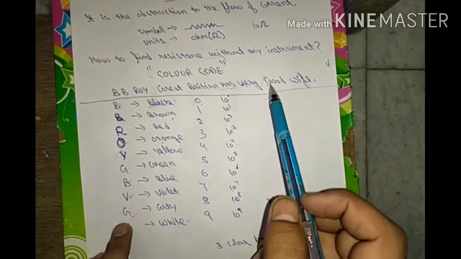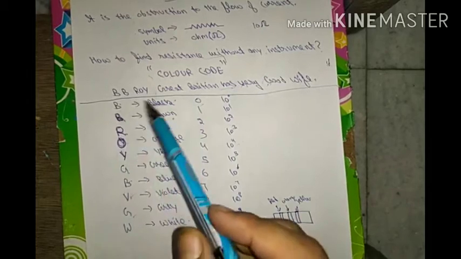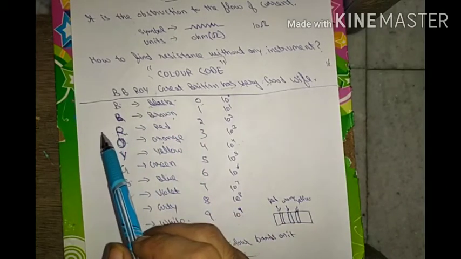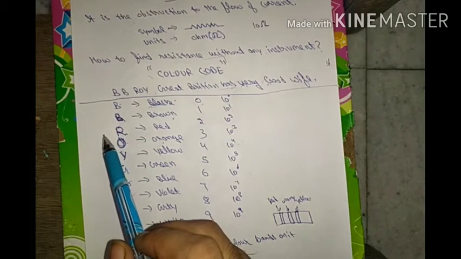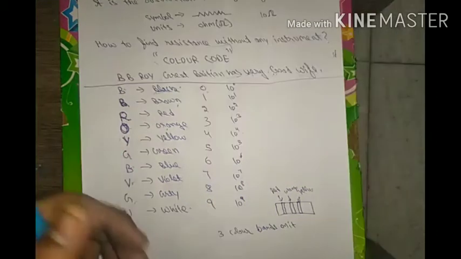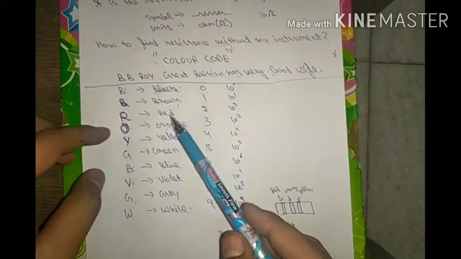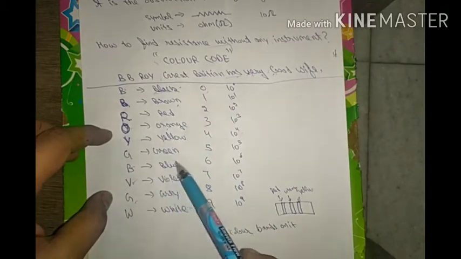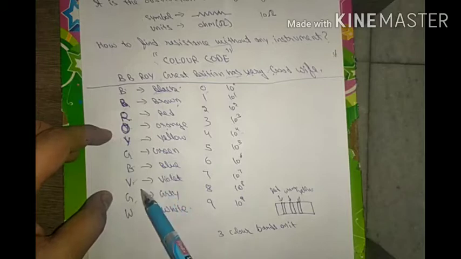Then violet, then good, then wife. This first B is for black color, second B is for brown color. R for red color, O for orange, Y for yellow, G for green color, B for blue color, V for violet color, G for grey color, and W for white color.